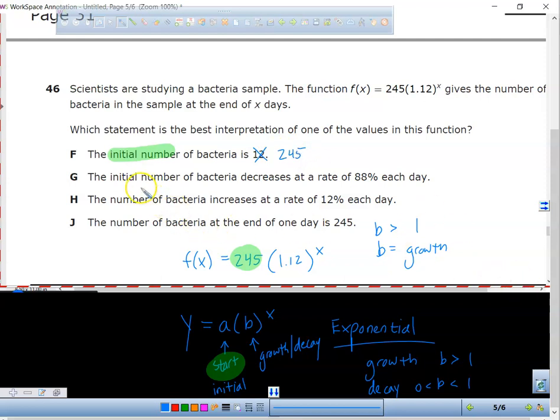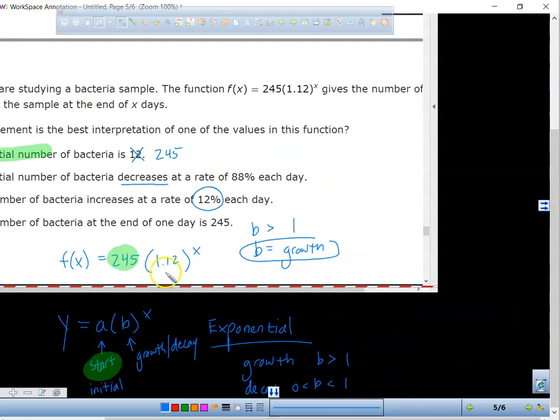All right? The initial number of bacteria, it says decreases, but we know the b is greater than 1, so we know it's not going to be a decrease. It's going to be an increase. So that's not it. The number of bacteria increases at a rate of 12%. That's the true one. Now, how do we know? It says 1.12. Well, what does 1.12 equal as a percentage?